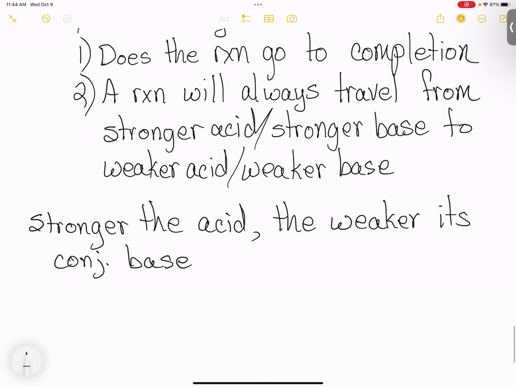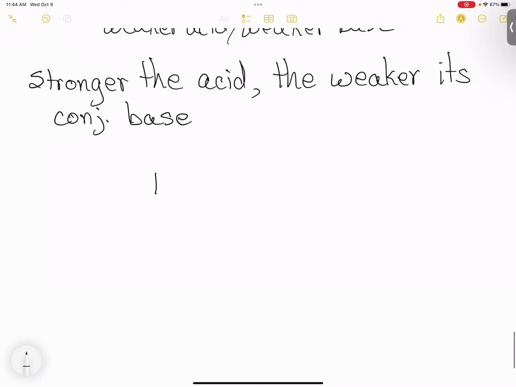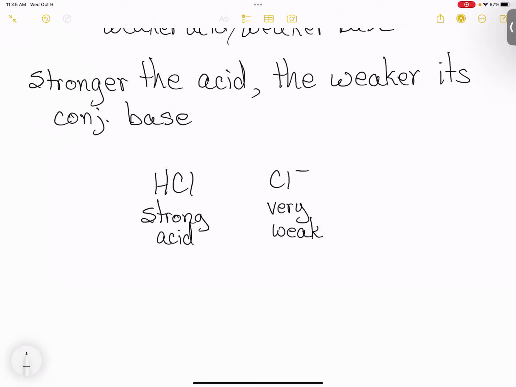So for example, we've talked about hydrochloric acid and chloride. This is a strong acid, and this is a very weak base, to the point that its base capacity is almost negligible.